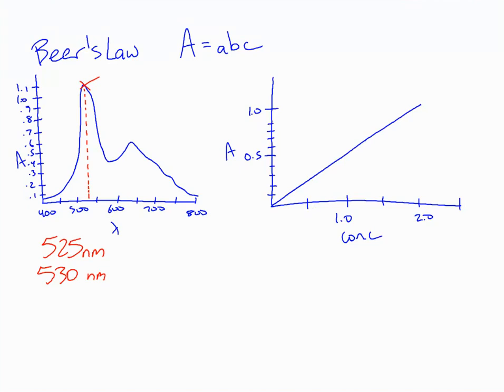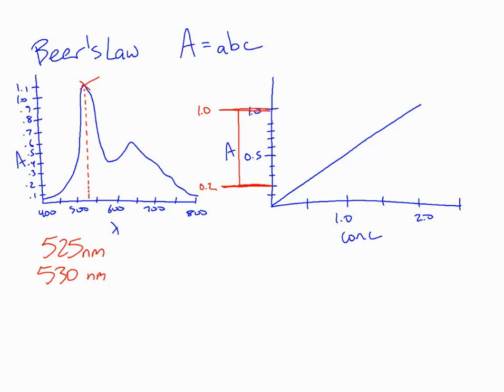So, if you read your lab carefully or if you pay attention in class, you probably remember that absorption, or the A, is only really acceptable for data points between 1.0 and 0.2. Under here, it's probably not quite accurate, and above 1.0, it's probably also not accurate.